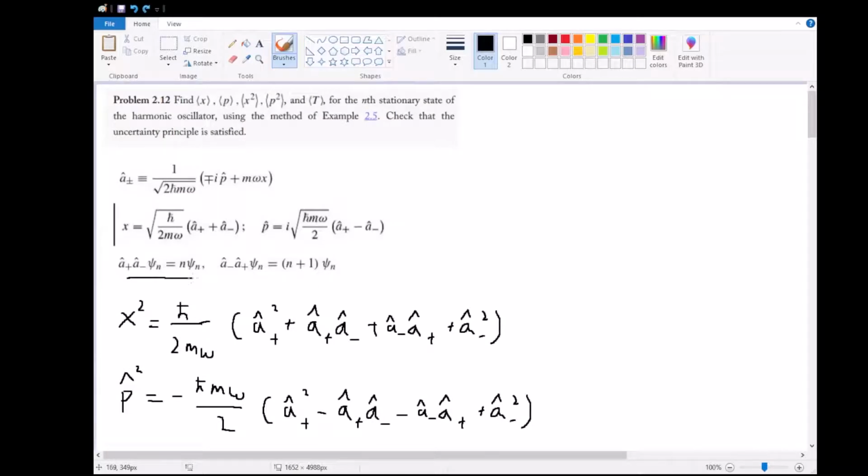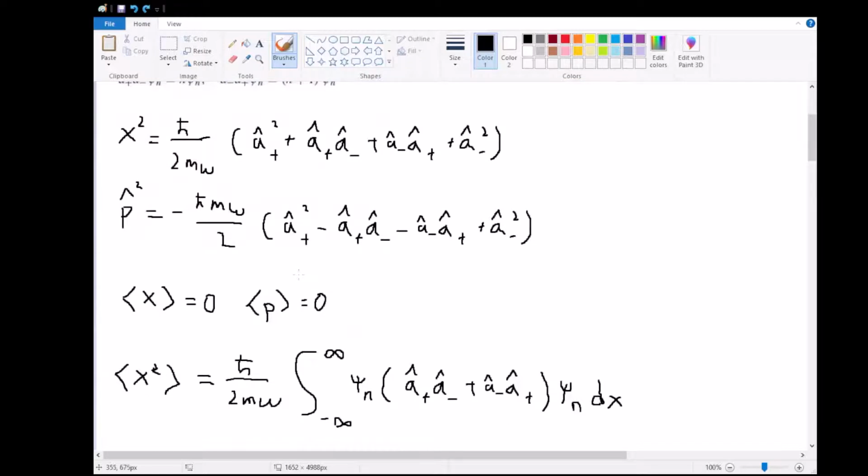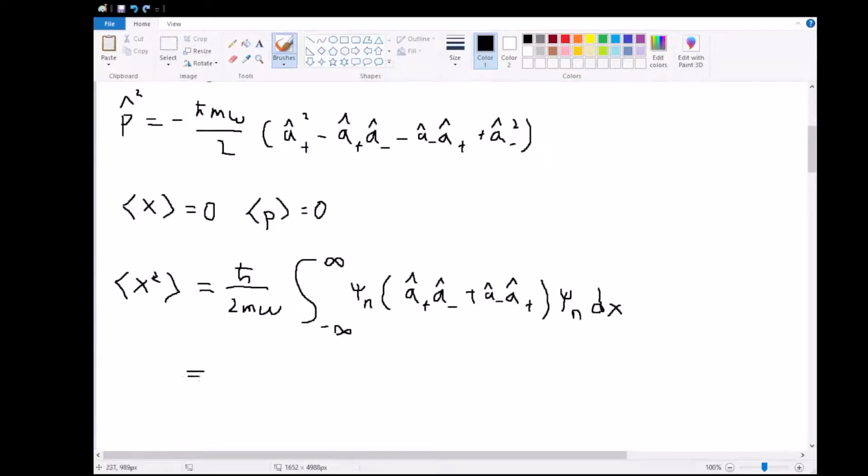So we know that a hat plus a hat minus goes to n, and a hat minus a hat plus goes to n plus 1. So this is effectively the same thing as h bar over 2m omega times the integral from negative infinity to infinity. And then let's split this into two terms. Let's start with the first one, which is a hat plus a hat minus acting on psi n. So this is psi n times a hat plus a hat minus acting on psi n.